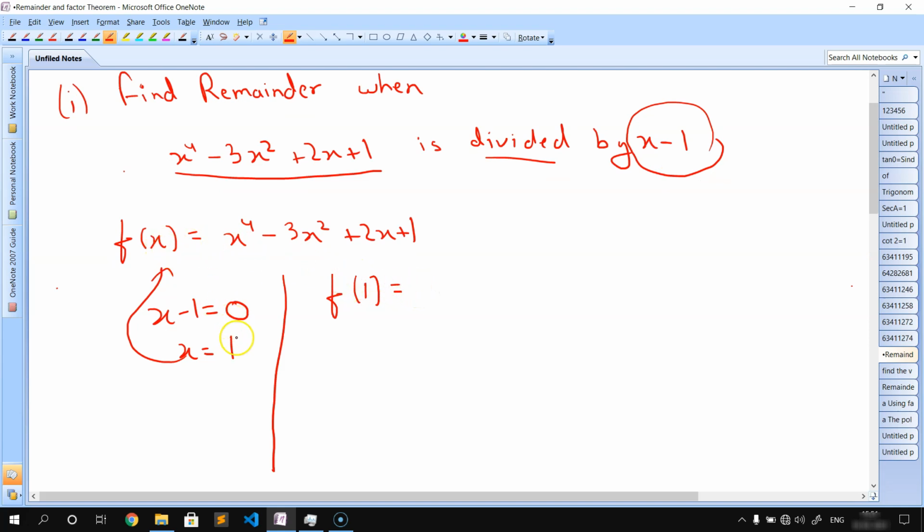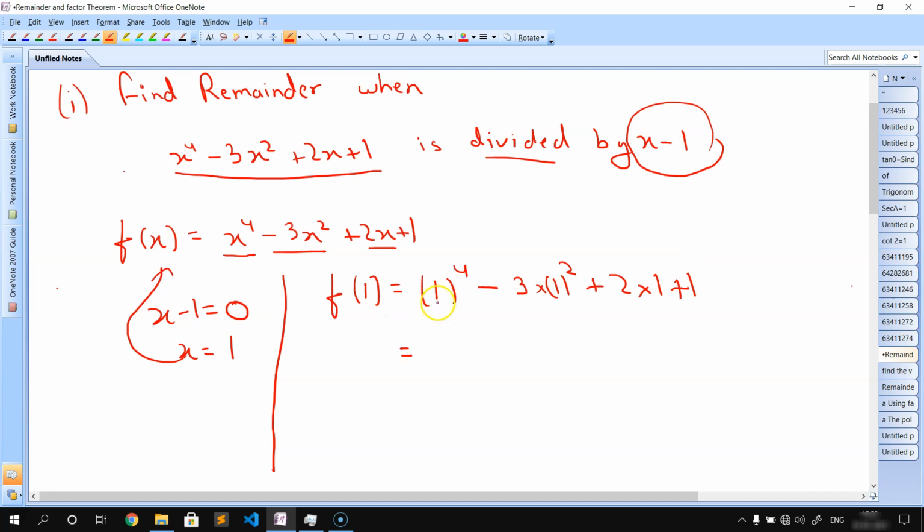Now we put this value of x, so it will become f of 1 equals to, instead of x we are using 1 because the value of our x is 1. Here it's given x to the power 4, we will take 1 to the power 4, minus 3x square, we will take 3 into 1's square, plus 2 into x, means 2 into 1, plus 1.